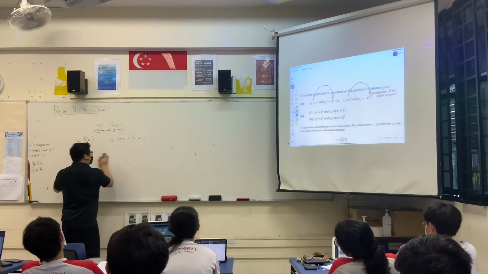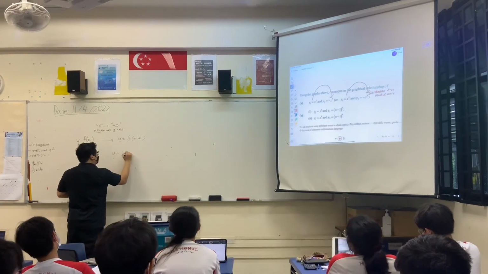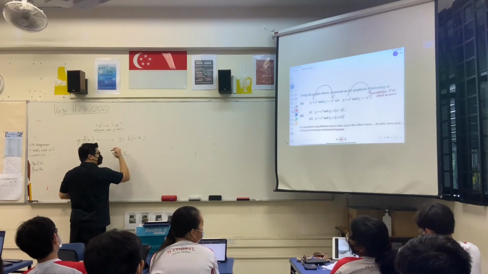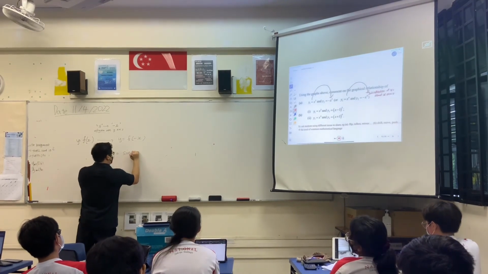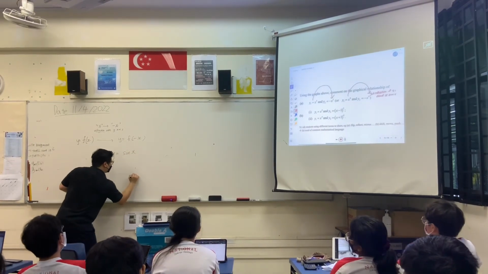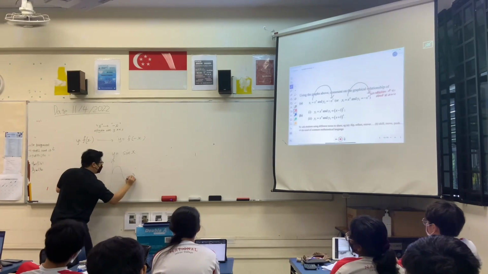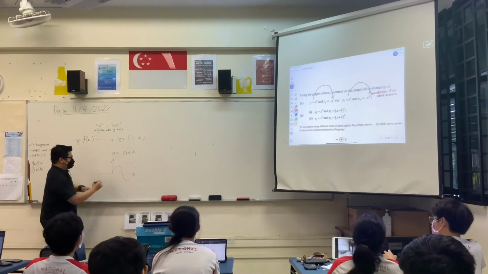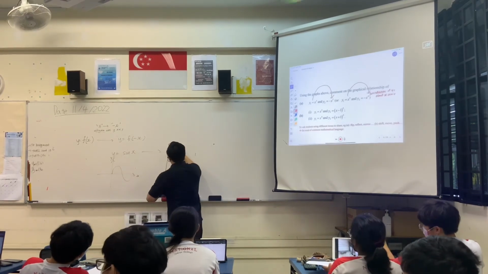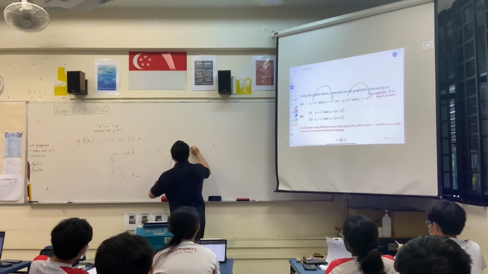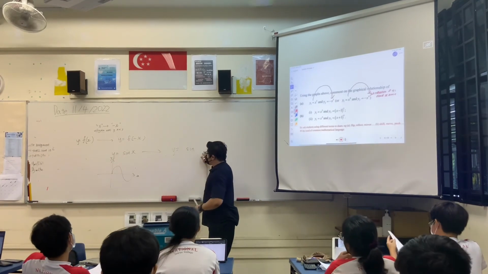Imagine I draw some graph, y equals sin x. You see the graph looks like that. Now I ask you, if you replace x with negative x, what will happen?